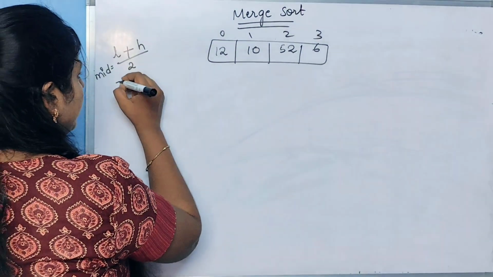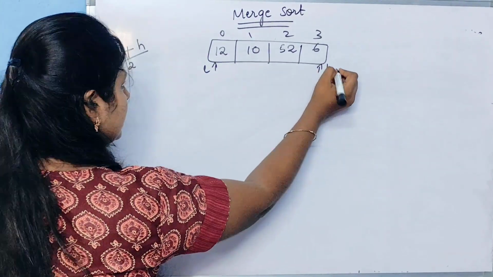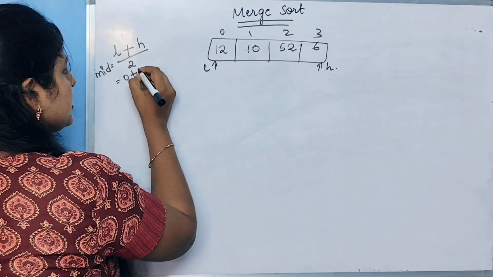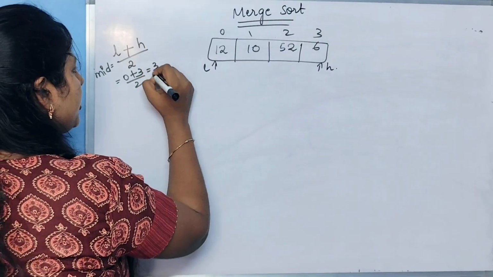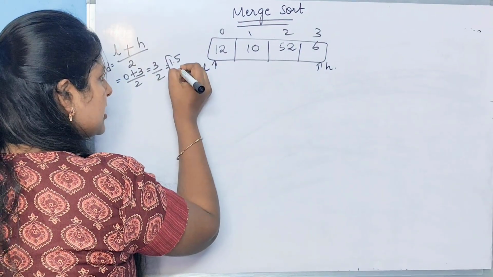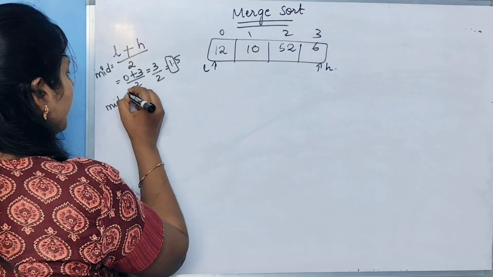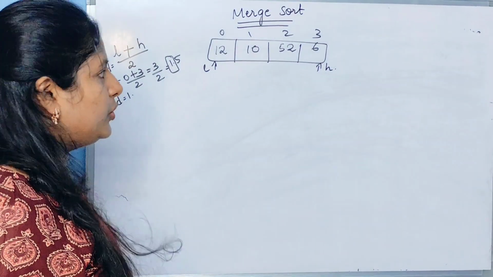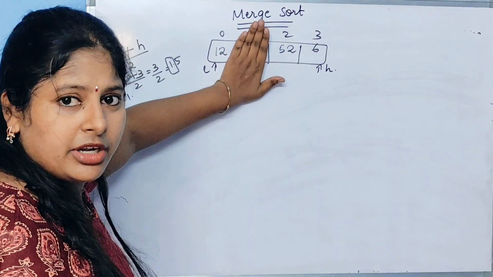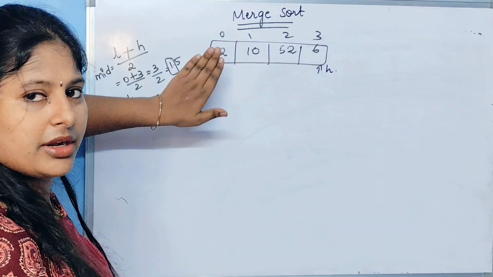So, what is my mid right now? Mid is (l plus h) by 2. This is my lower index and this is my highest index. So, 0 plus 3 by 2 equals 3 by 2, that is 1.5. You will consider only the floor value, right? Now, mid equals 1. Okay. The element at this mid will be added into the left subarray, right?